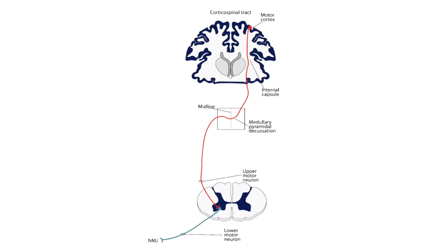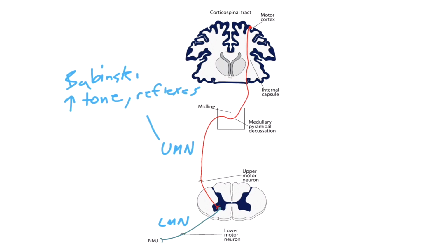So now let's look at figure 8.15 from your text. This first neuron is the upper motor neuron, and the second neuron is the lower motor neuron. If we damage this first neuron, we would get the Babinski reflex and increased tone and reflexes. The patient could also demonstrate clasp knife spasticity and spastic paralysis.